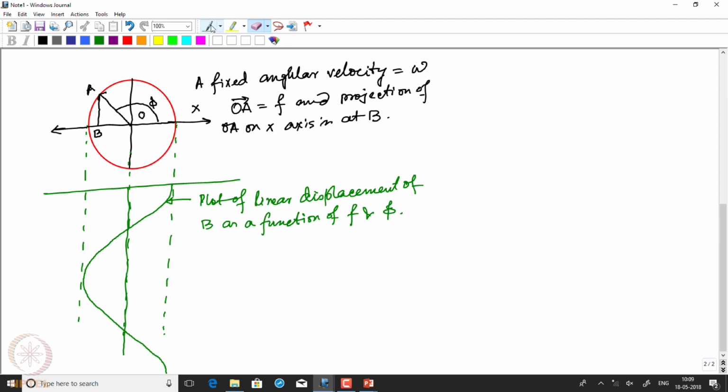This is the direction of phi, and we start here at 0, and the maxima is reached when phi equals pi, that is F cos phi.